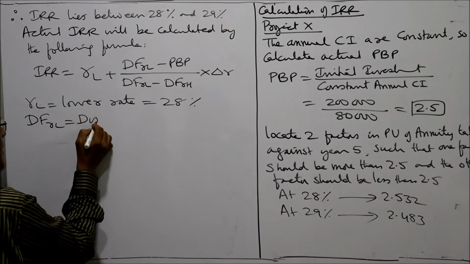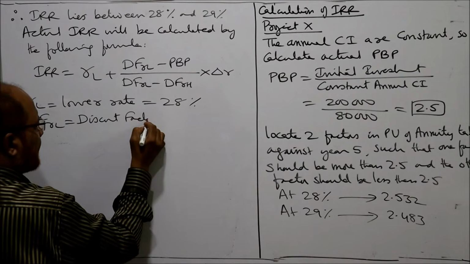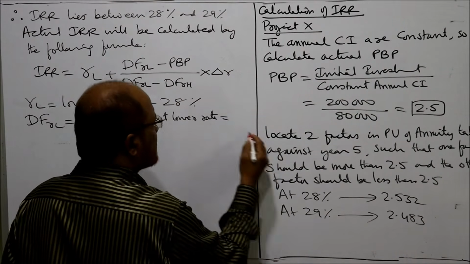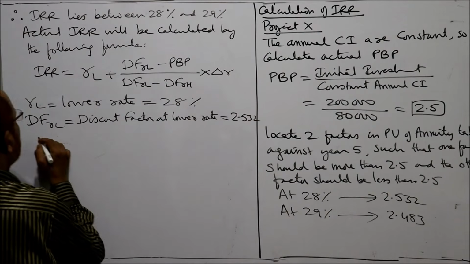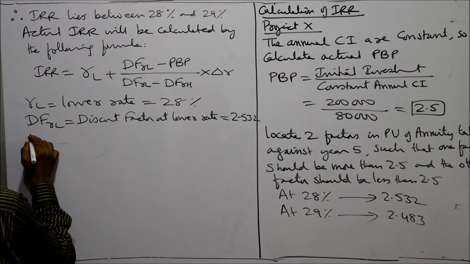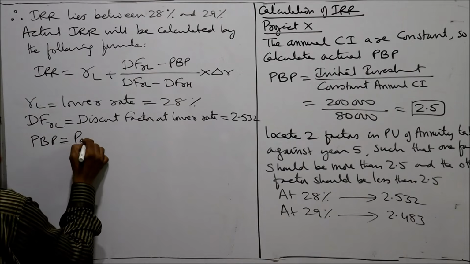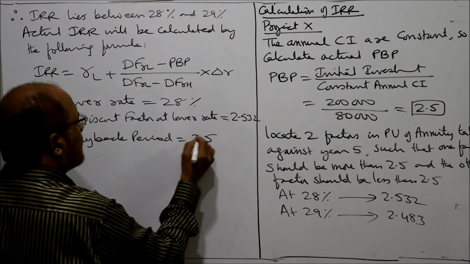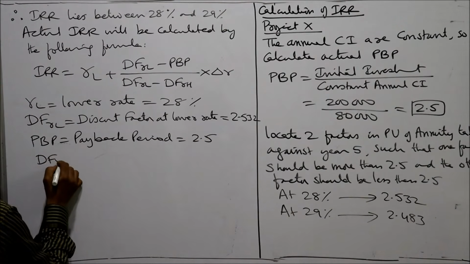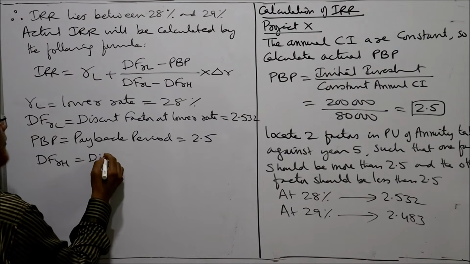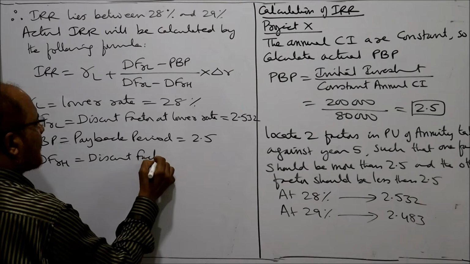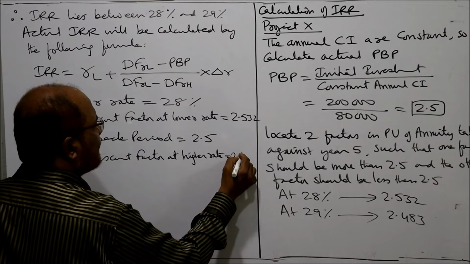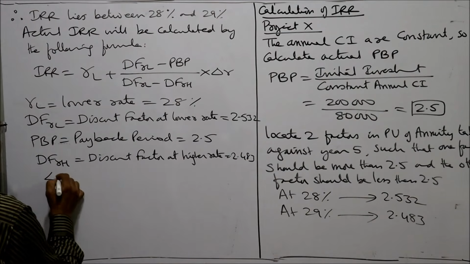DFRL, discount factor at lower rate, is 2.532. PBP, payback period, is equal to 2.5. Then DFRH, discount factor at the higher rate, is 2.483.